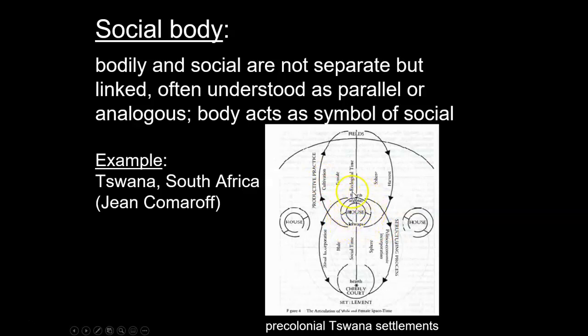The back of the house is here, leading off into the fields. The front of the house is here, leading into the center of town, so to speak, or the center of the village. And what she says is this was understood as a body and also a set of spheres that had to do with things like domestic versus public activities, and male versus female spheres of activity.